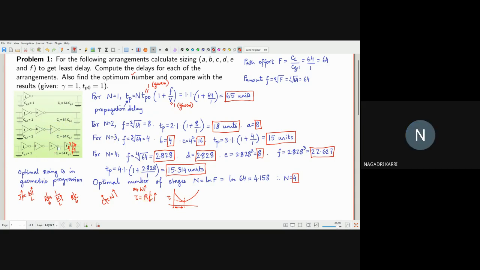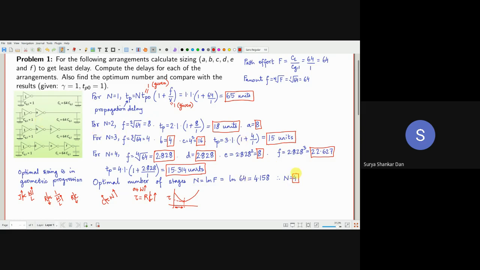In this problem, we find out that the optimal number of stages is 4. But in the first problem, what we have seen is that we are not doing any sizing. So this is the optimal number of stages, provided that they have been sized properly. In the first problem, what we have done is, given these stages, you simply find out the delay.